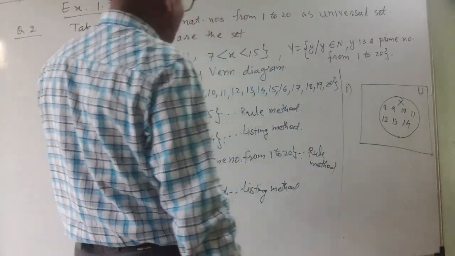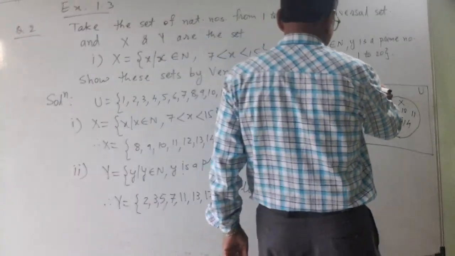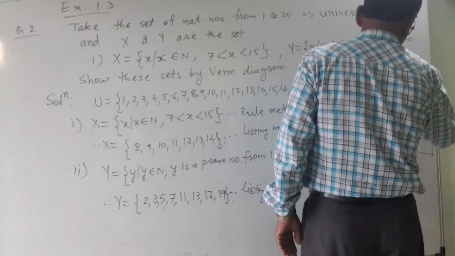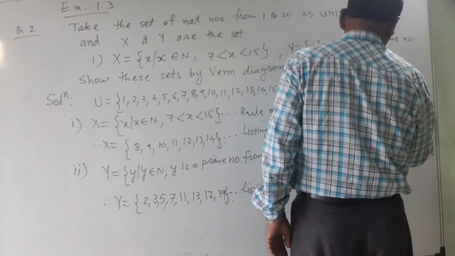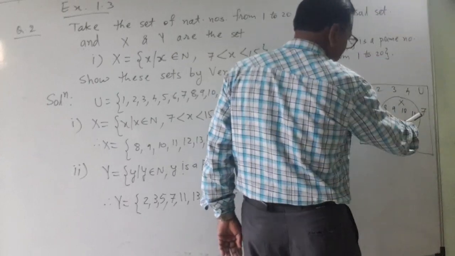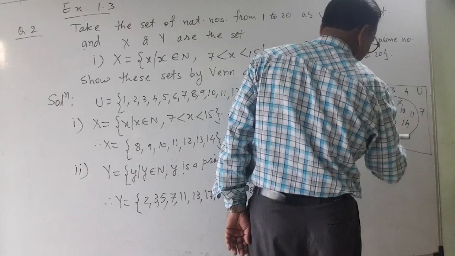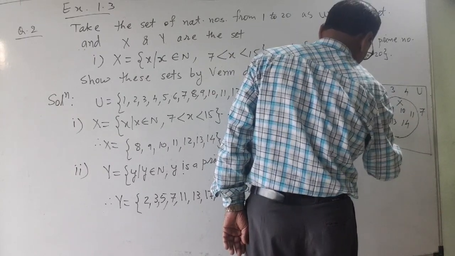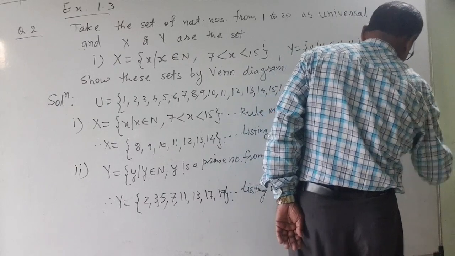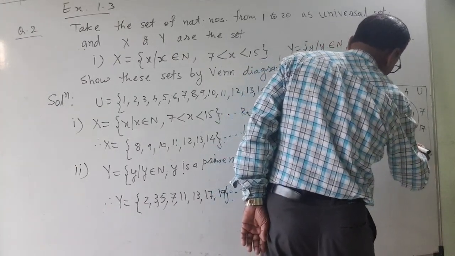So, remaining elements, what are remaining? 1, 2, 3, 4, 5, 6, 7, then 15, 16, 17, 18, 19 and 20.